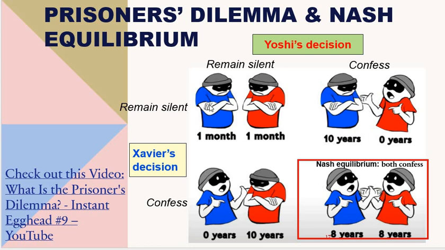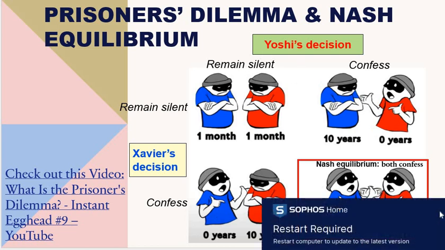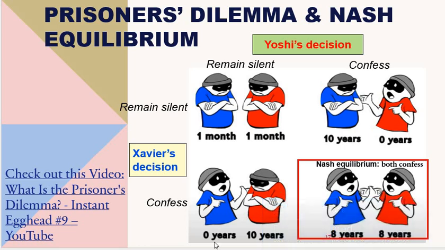And even if Yoshi chooses to remain silent, Xavier still needs to confess, because comparing these two cases for Xavier, confess is still the better choice. Symmetrically, no matter what Yoshi chooses, for Xavier, confess is always the dominant strategy.